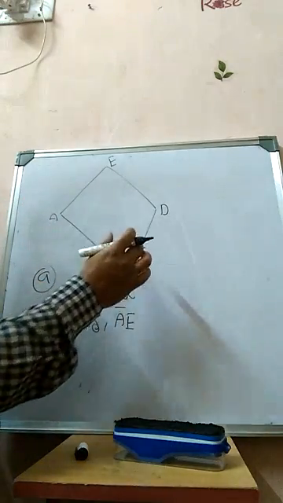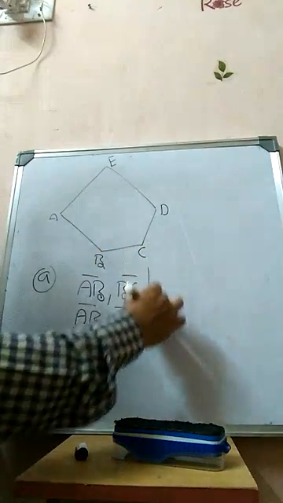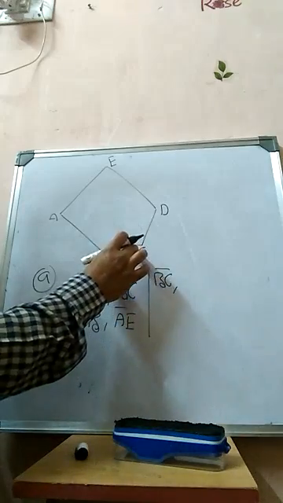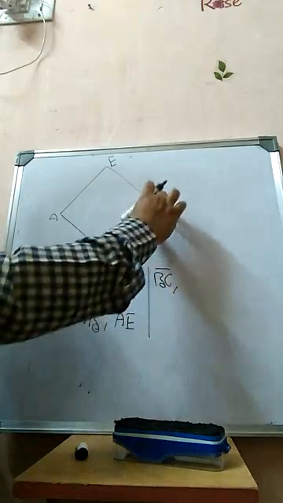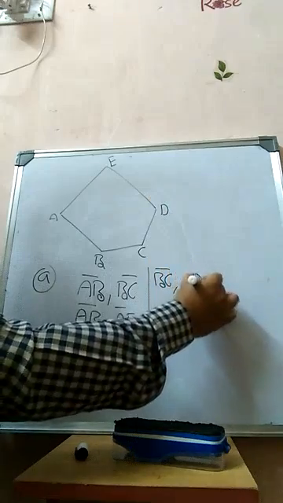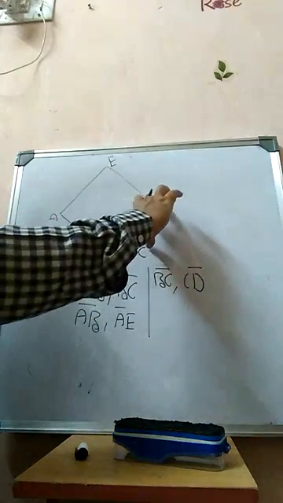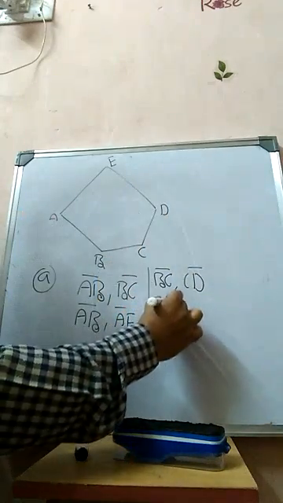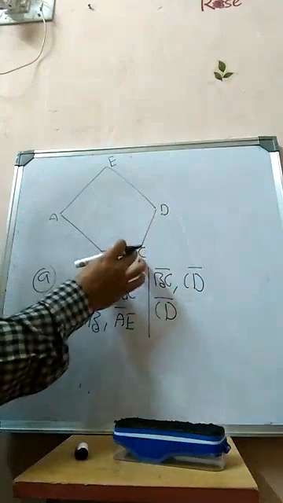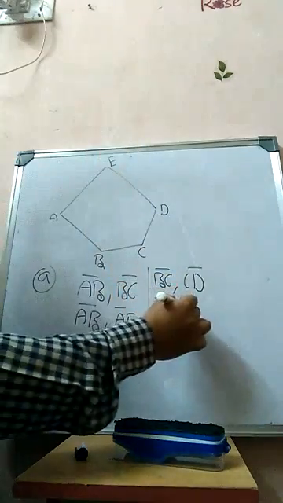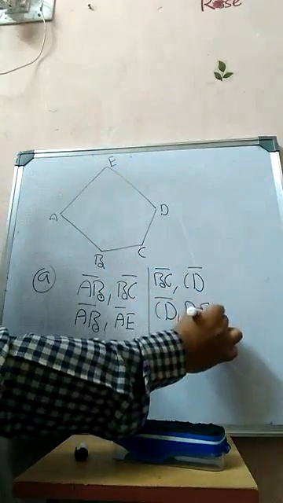Next, BC. Its adjacent sides are CD, and AB already written. Next, CD. CD's adjacent side is BC, already written. CD has one more adjacent side, DE.